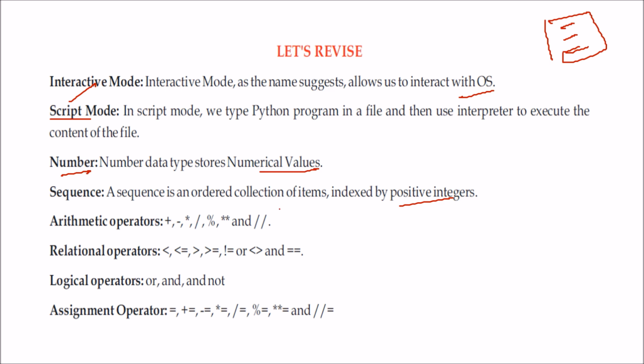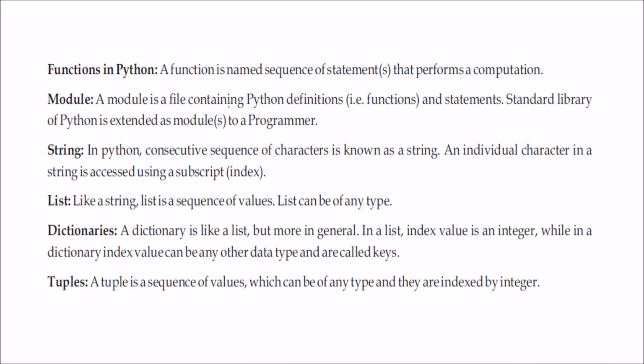Arithmetic, relational, logical, and assignment operators are these, a partial list. Functions are named sequences of statements which do certain computation. A module is a file containing Python definitions, which provides us with functions and statements. The standard library of Python is extended to developers and programmers in terms of modules.